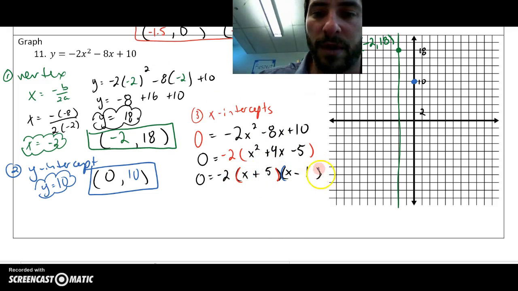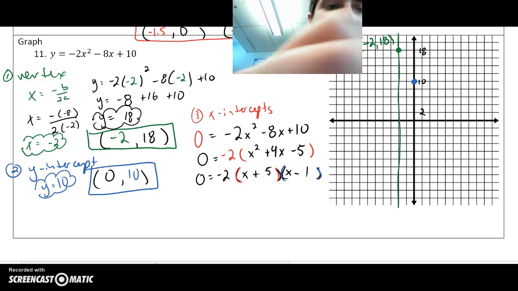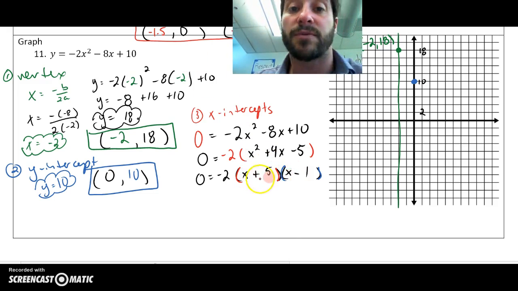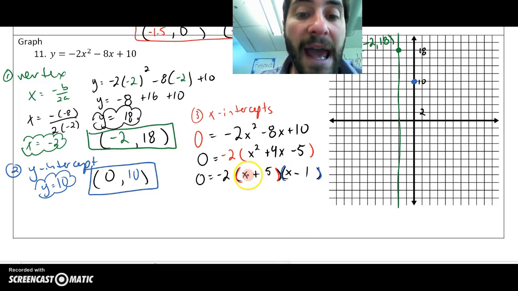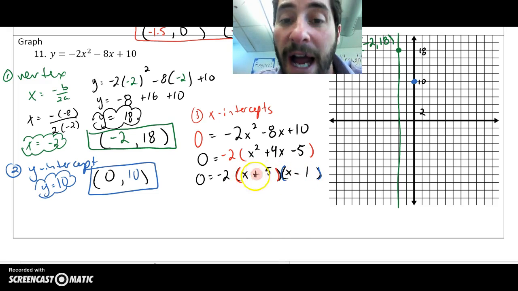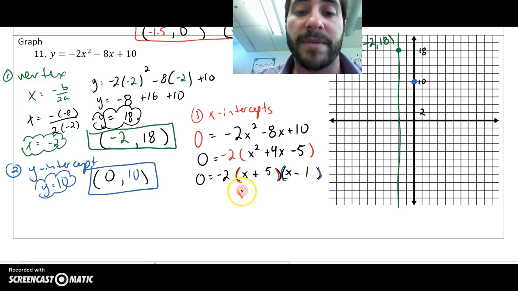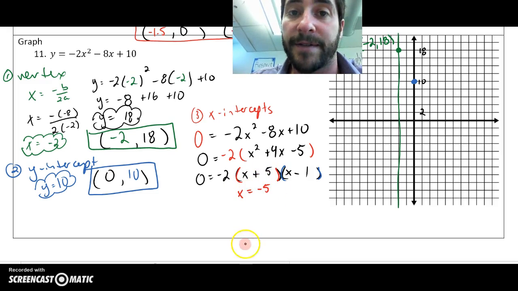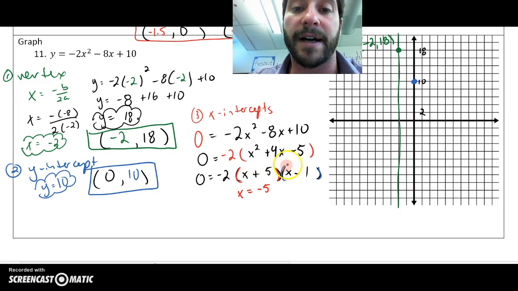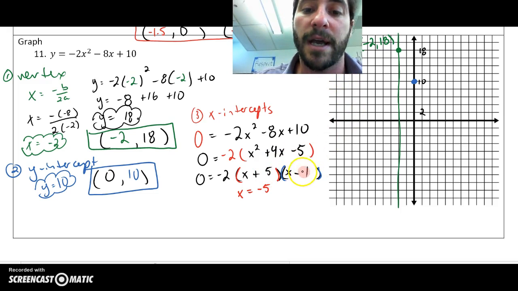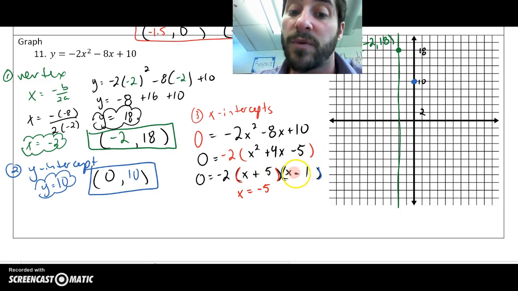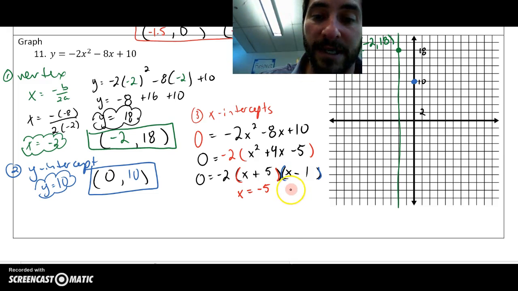Alright, so what are our values of x? Well, what would make this right side of the equation equal to 0? One of these has to be 0. Not x, but x plus 5 has to be 0. So that would mean that x could be negative 5. And over here, it looks like x could be 1.